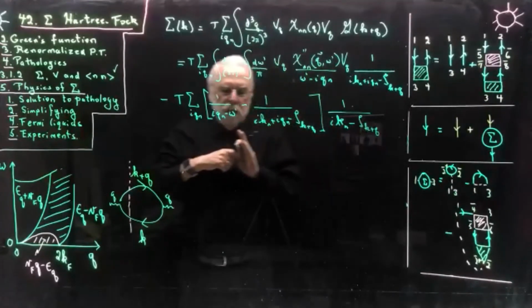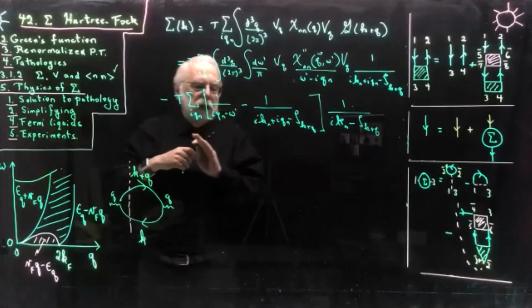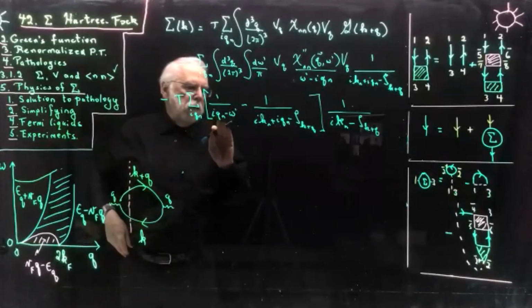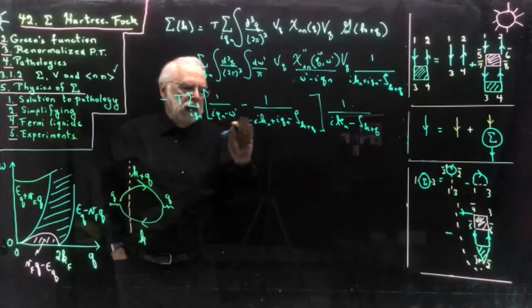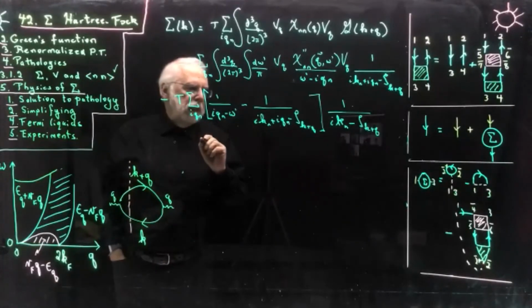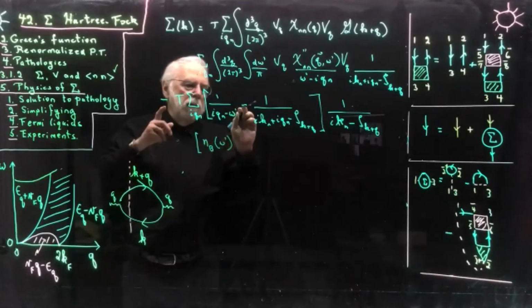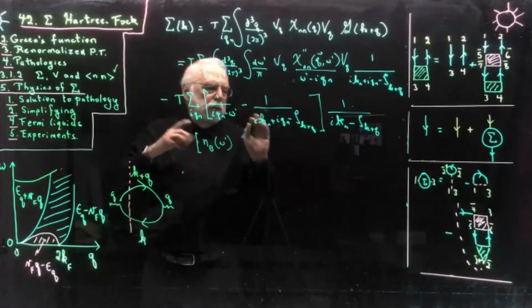And you forgot omega prime. The sum over Matsubara frequencies then becomes a Bose function of omega prime. And here I have minus, it becomes plus.